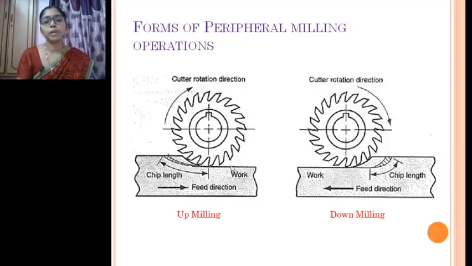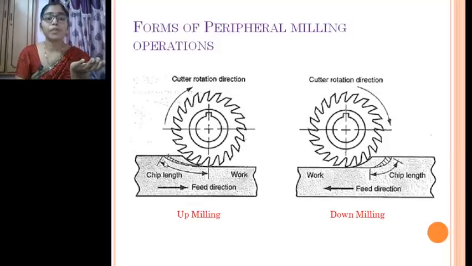And one more difference, if you see keenly, in an up milling operation the workpiece feed is in this direction, and the tool rotation is in the opposite direction, right? Since the material is removed in the opposite direction, going from minimum to maximum, you can see the lifting of the workpiece will be happening here.